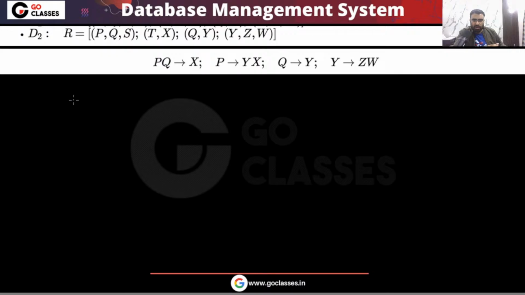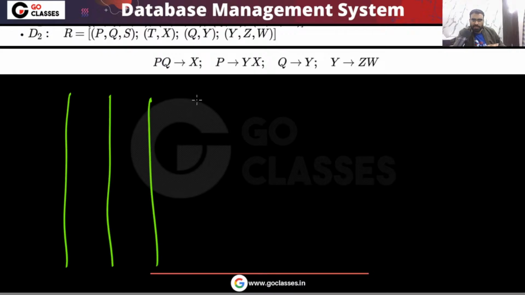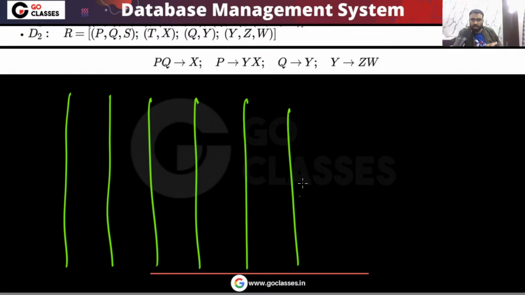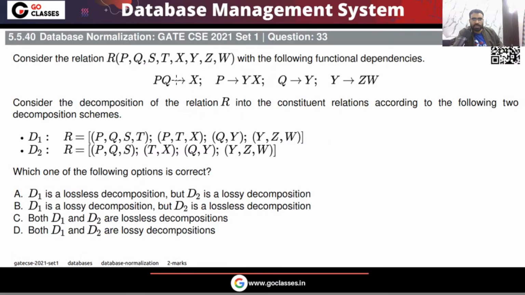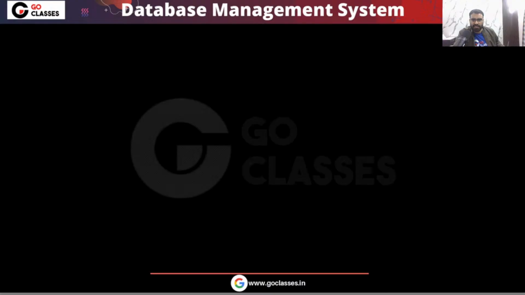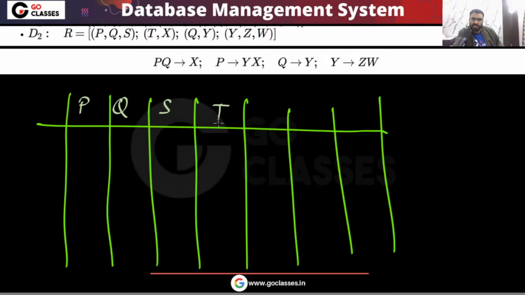Now in the chase test, we will create a matrix. In the matrix, remember that the columns will be the attributes. In total, how many attributes are there? There are a total of 8 attributes. So the columns will be the attributes. The attributes are PQST, XYZW.